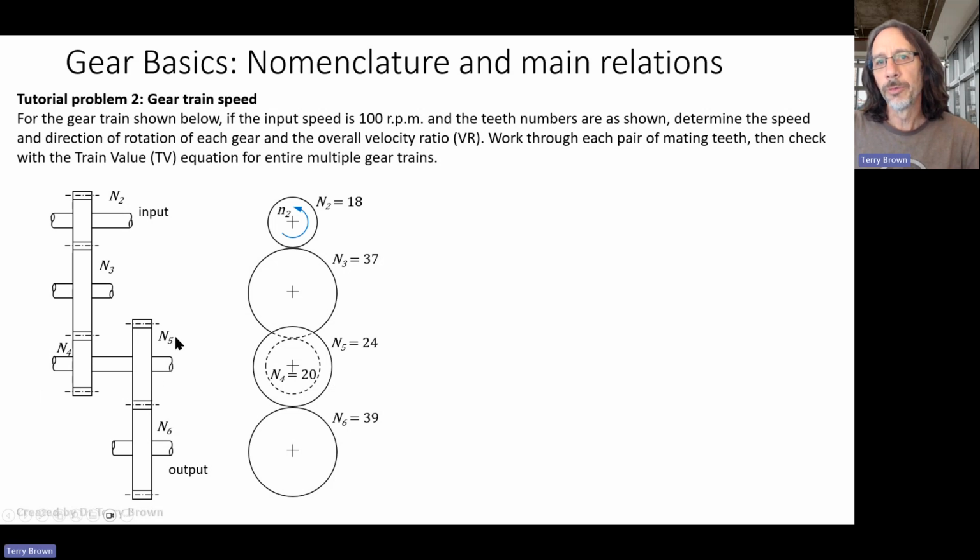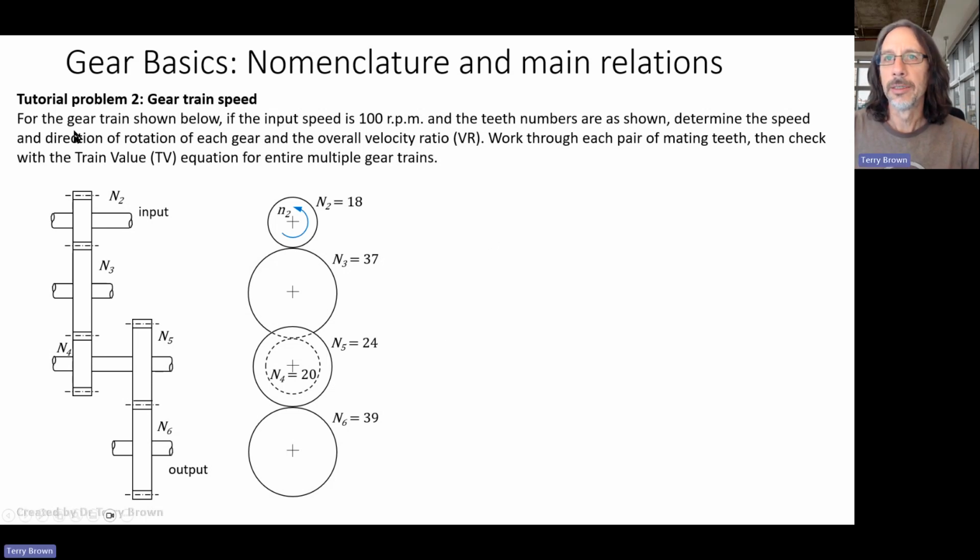The reason that we might do this is that we want to get a larger gear reduction or increase than we can get by simply having one really small gear and one really big gear. If you look back at the lecture notes, you'll see that there are limitations on the maximum gear ratio or velocity ratio, train value, whatever you want to call it, between one spur gear and the next.